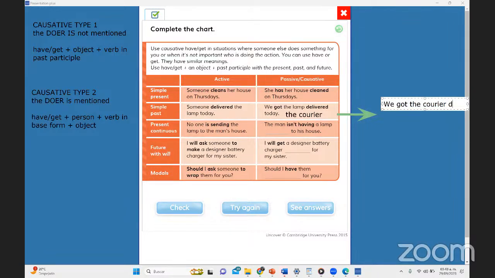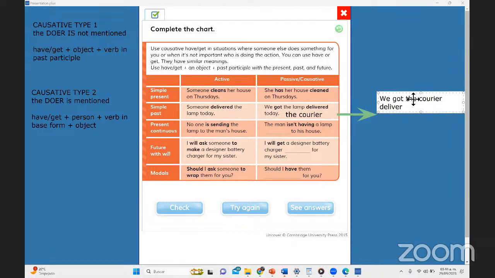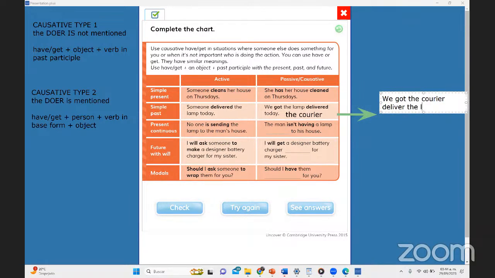Deliver. Object: we got the courier deliver the lamp. Okay, very well.